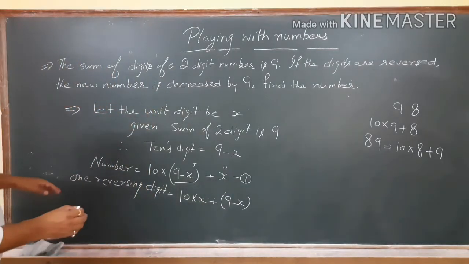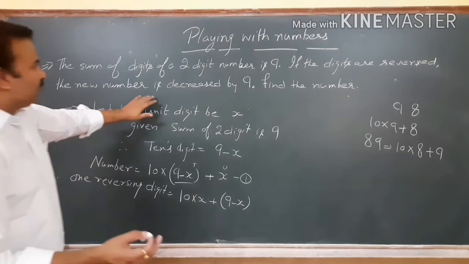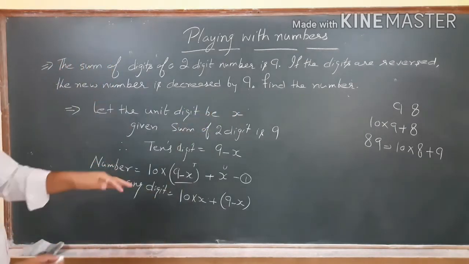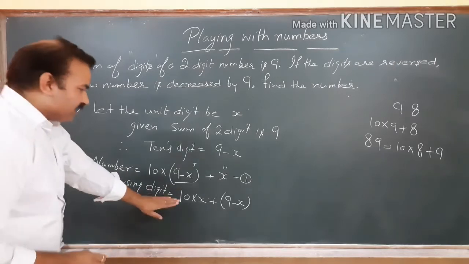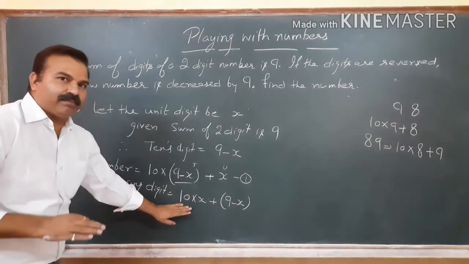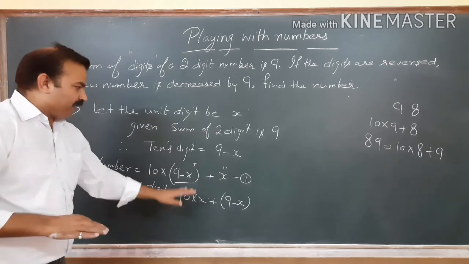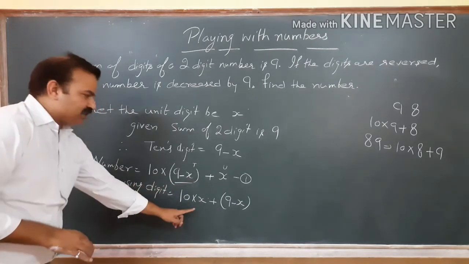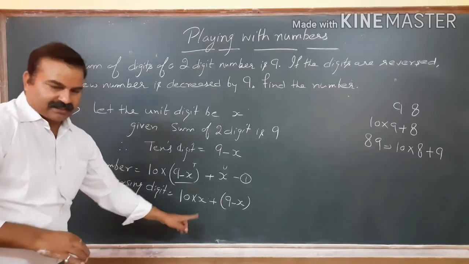Now the question says the new number is decreased by 9. It means this number is smaller by 9 if we compare it with the original number.